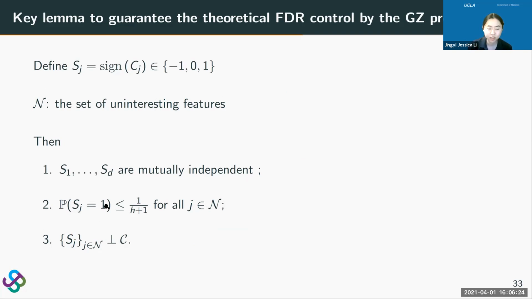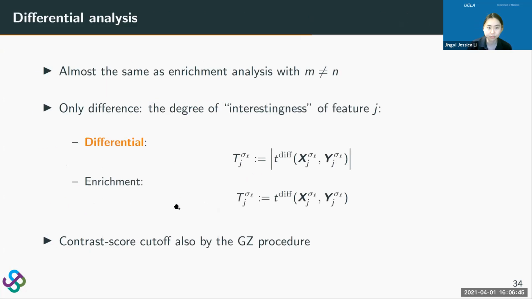Then for the original data to be picked as the maximum, that probability is only 1 over H plus 1 for an uninteresting feature. Also, for uninteresting features, the sign must be independent of the absolute value of the contrast score. We can show that our two ways of defining the contrast scores satisfy these conditions.